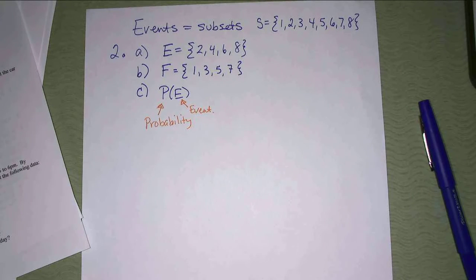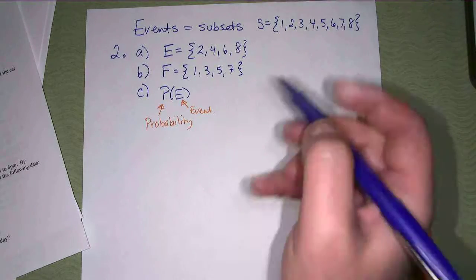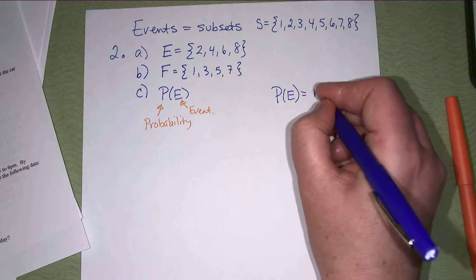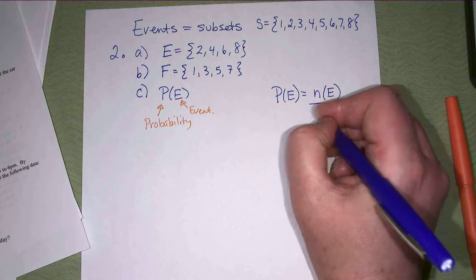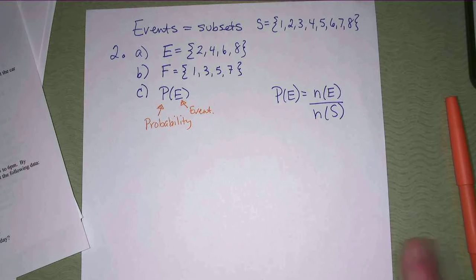Okay. So the probability that event E is rolled, the actual formula for the probability of these simple events is the number in the event that you're looking at divided by the number in the sample space. And this should totally make sense with this question. They get harder, so then you kind of need to think about the formula sometimes.